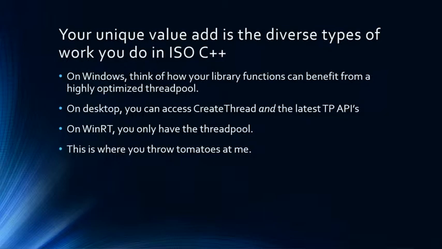On the desktop, which most of you have most of your experience in, you have create thread. You can create dedicated long-running threads and dedicate work to them. On WinRT, we made the decision that you don't have create thread. So you must use a thread pool only on WinRT. And you can imagine that when we made this decision internally in Windows 8, everybody clapped and said, oh yeah, that's fine.